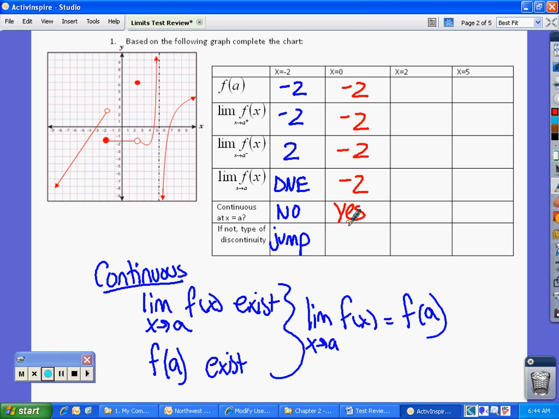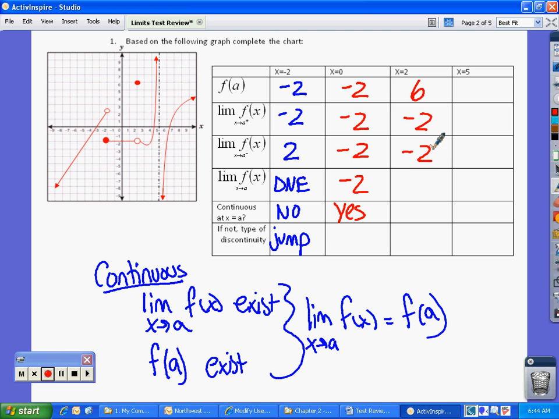All right, x equals 2. What's the value of the function at 2? That's way up here. I believe that is 6. From the right, we are approaching the value of negative 2. From the left, we are approaching the value of negative 2. Does the limit exist?